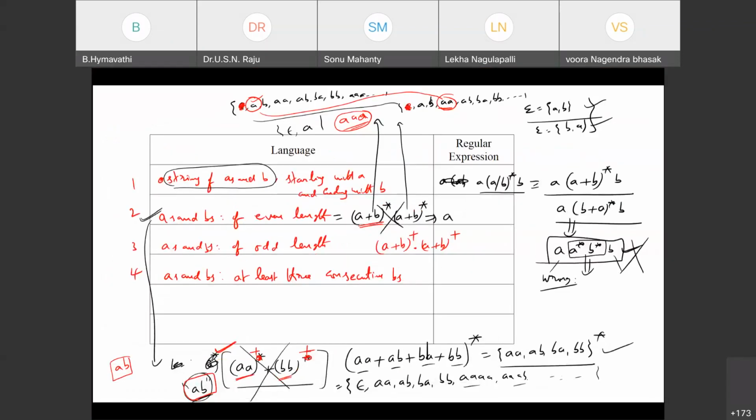Now what about this one, odd length: A plus B concatenated with AA plus AB plus BA plus BB, whole star. Full star is for which one?